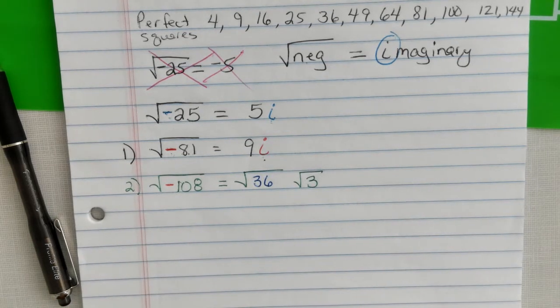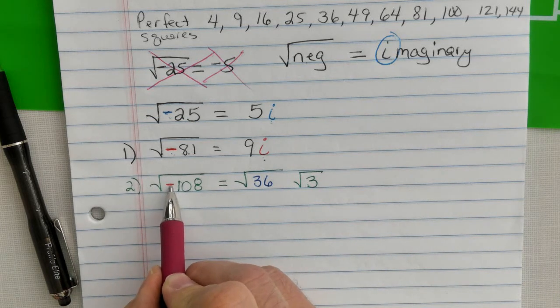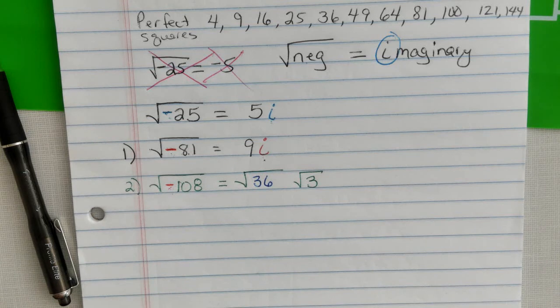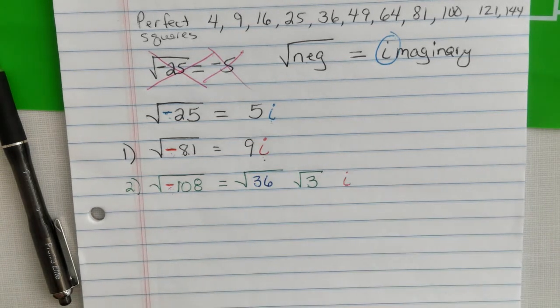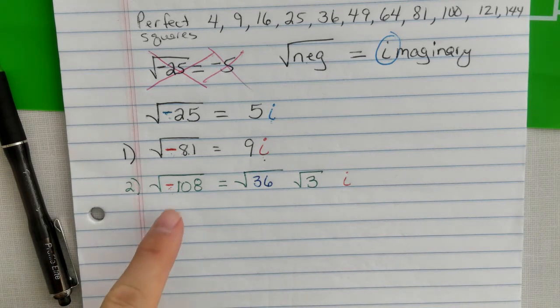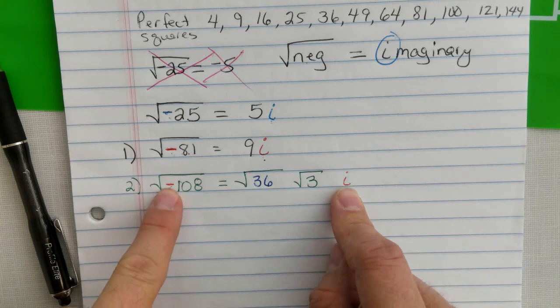And let's go ahead and put an i on it already because of this red negative right here. The red minus under the square root. We're going to have a red i there. The colors really aren't significant, okay? They're just trying to show you why I have that i, because of the negative there.